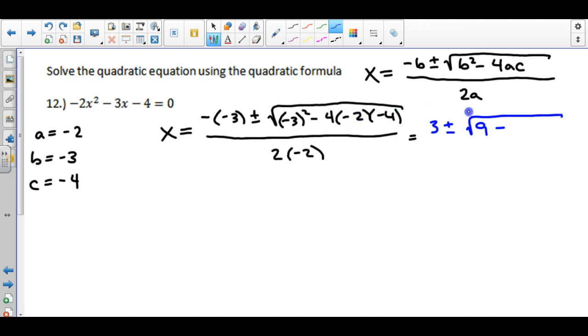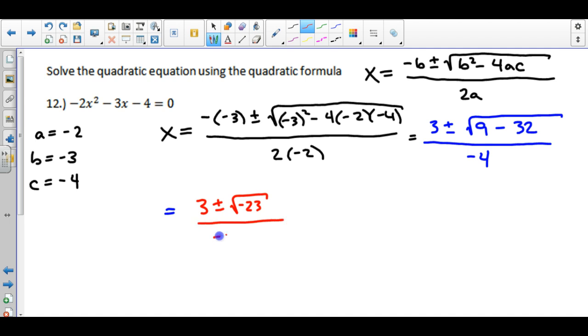But positive 8 times negative 4 is negative 32. And then on the denominator, I have negative 4. So I'm going to simplify this again, bring it down another line. I end up with 3 plus or minus the square root of 9 minus 32, which is negative 23. And all of that is going to be over negative 4.